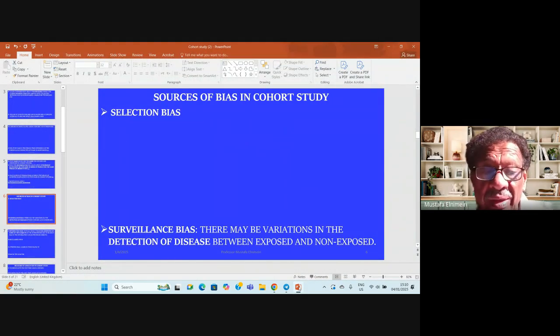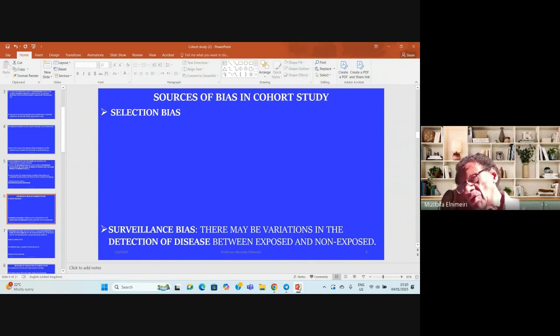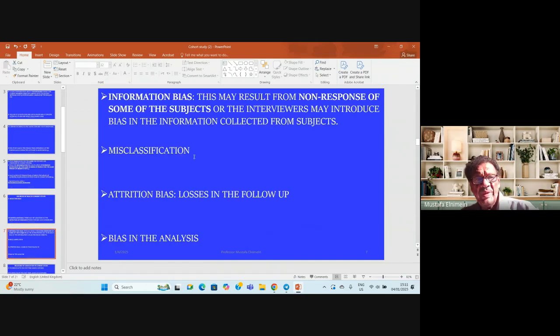They can detect the disease in a more in-depth manner compared to those who are not exposed, if the investigating doctor or the researcher knows beforehand that this individual is non-exposed. So here there will be surveillance bias.